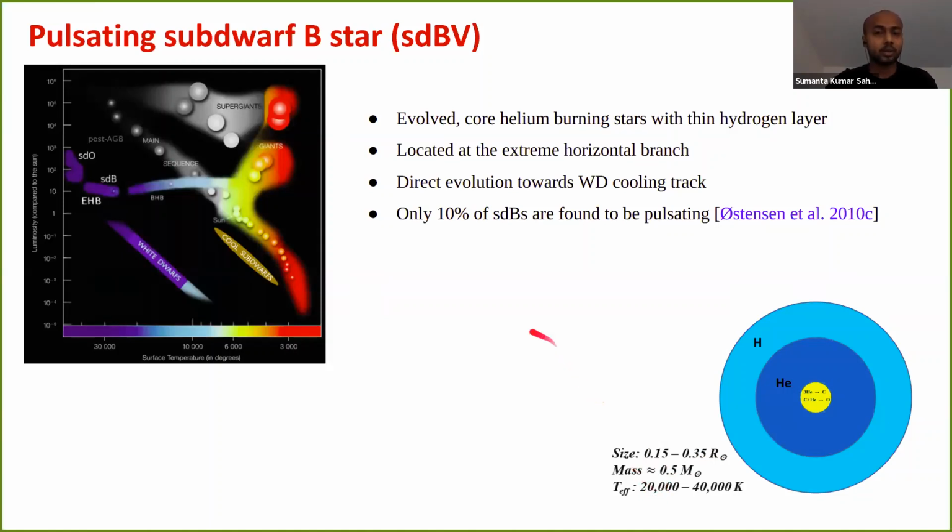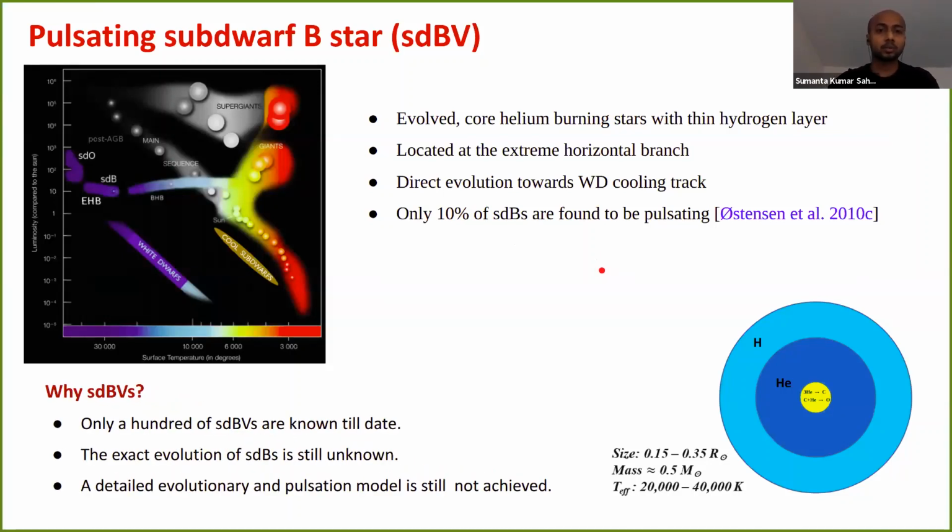Talking about the evolutionary process, after this HDB phase, they directly go toward the white dwarf cooling track, not following the actual track of stellar evolution. And observationally, it is found that around 10% of the HDB stars are pulsating, which opens a new window to analyze the interior of these stars by doing the astroseismology.